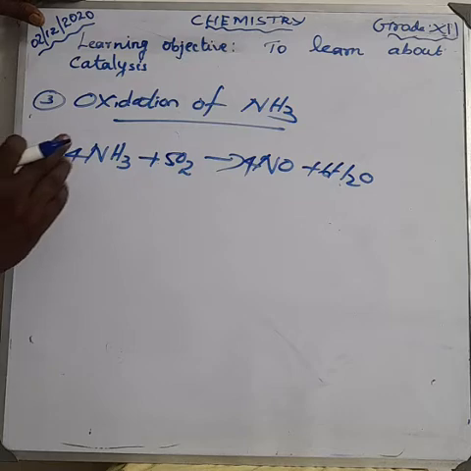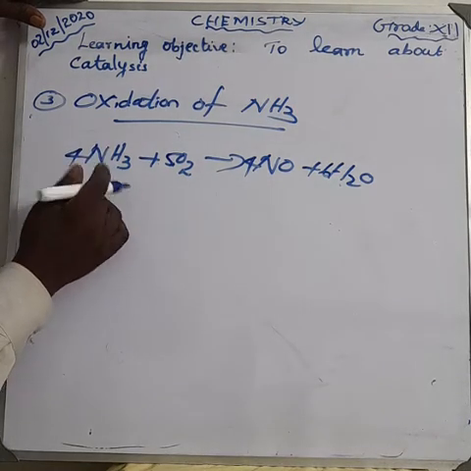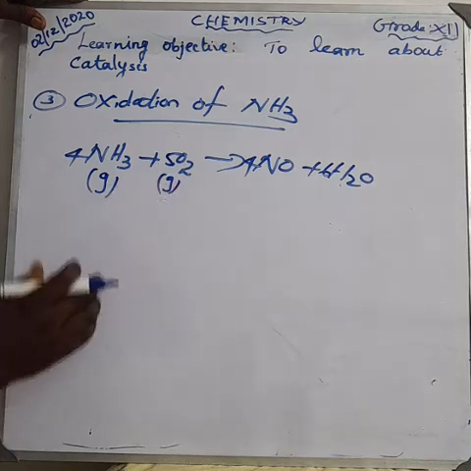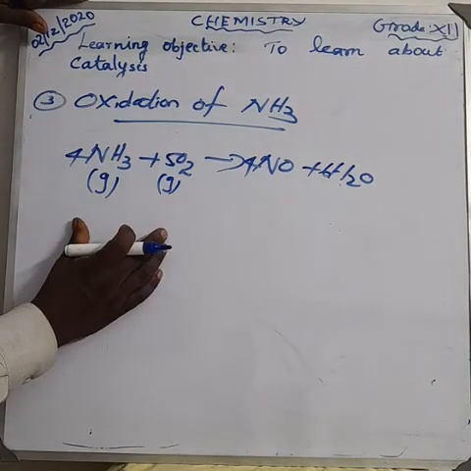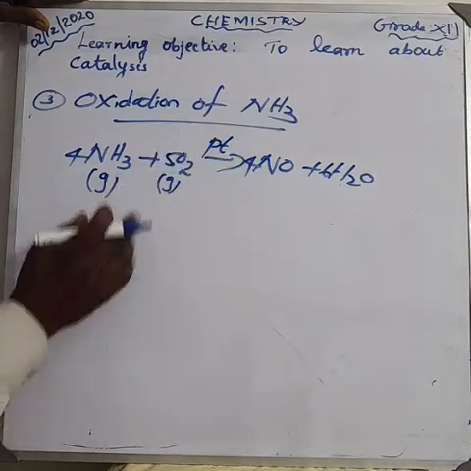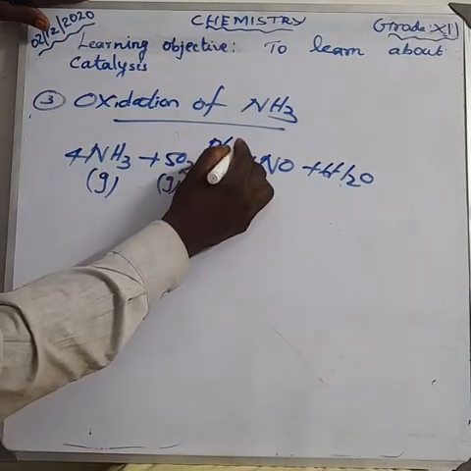The next one. This is the gaseous state of ammonia. Oxygen is also a gaseous state. Here the catalyst we are using is platinum, Pt, which is in the solid phase.